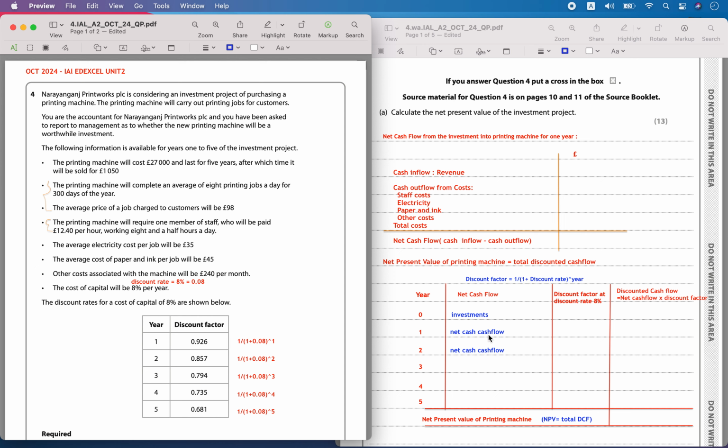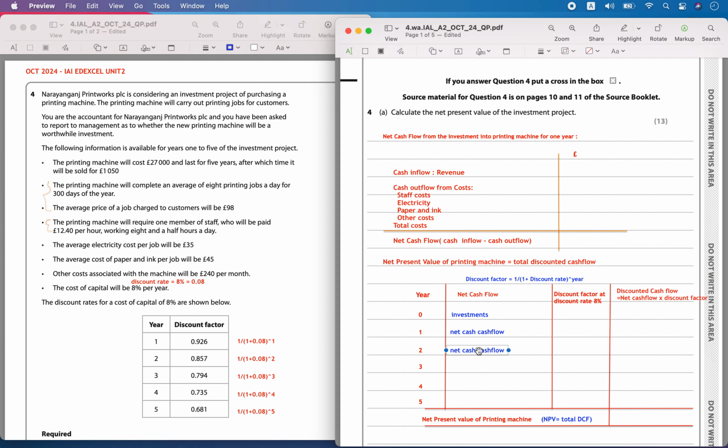Then I will have some net cash flows: cash inflow minus cash outflow happening within the business because of this project, for 5 years. I am going to use this net cash flow with the discount rates for every year.